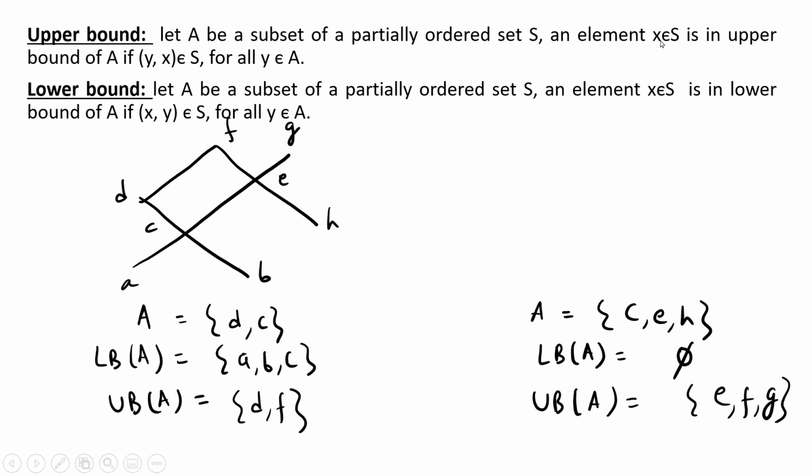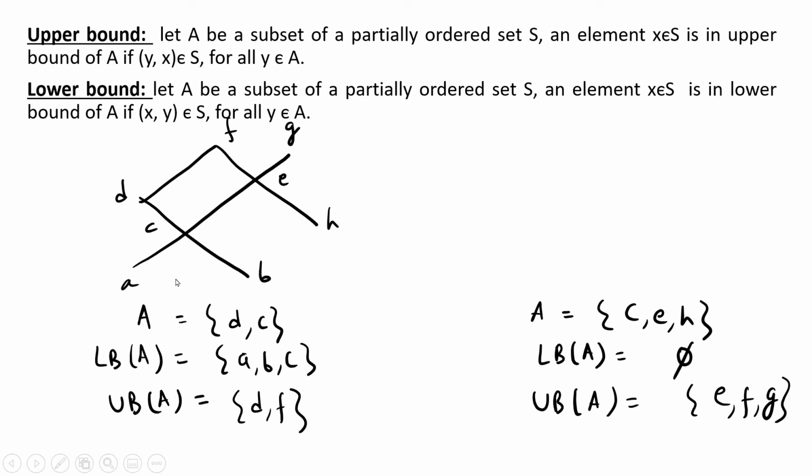An element x belonging to S is an upper bound of A if there is a relation (y, x) in S for all y in A.